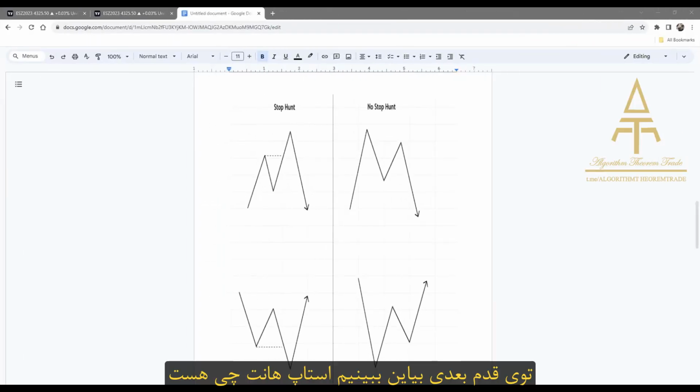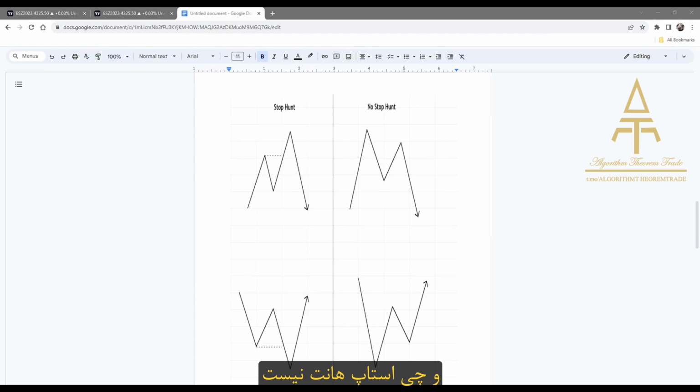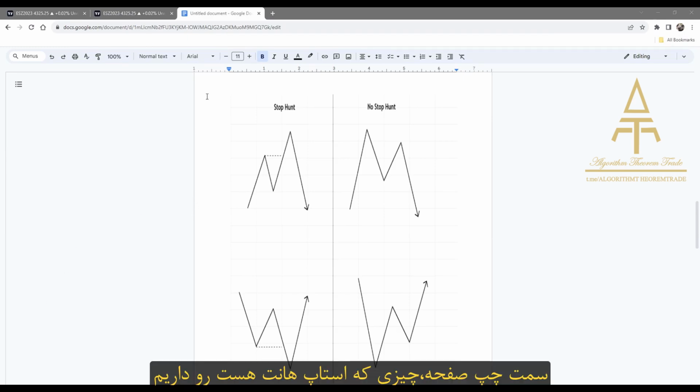Next, let's take a look at what is a stop hunt and what is not a stop hunt. On the left side of your screen, you have what is a stop hunt. On the right side of the screen, you have what is not a stop hunt. The top example is a bearish example of a stop hunt because price ran above an old swing high.